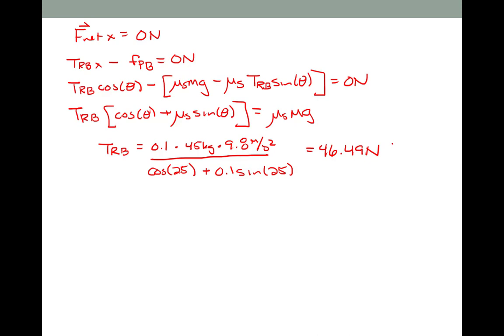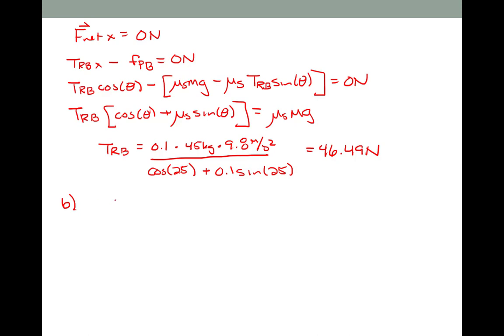For part B, the block is accelerating. The setup for the x direction is the same. The only difference is that instead of static friction, we're now dealing with kinetic friction, and the tension we just found in part A is the tension the rope is being pulled with.